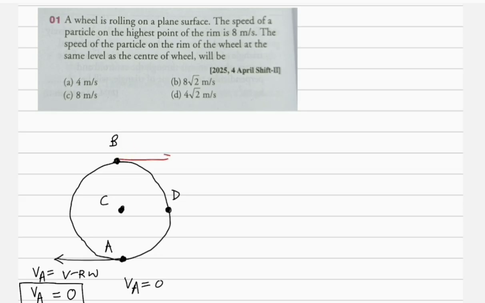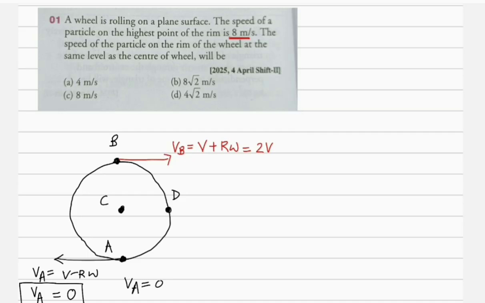Now students, what about the highest point B? At the highest point B, the velocity will be vb, which equals the velocity of center of mass v plus r omega. But as per our recent discussion, for pure rolling motion, v and r omega are the same only. So v plus v will give you 2v. Now as per the data in the second line, they have given you a value, 8, right?